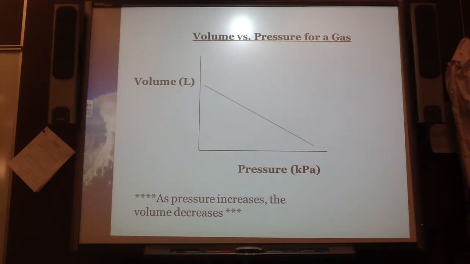So you have your diagonal line there. This is really important for you to be able to graphically see something like this and know, okay, that's our pressure versus volume comparison. So very, very important for you to know your graphs.